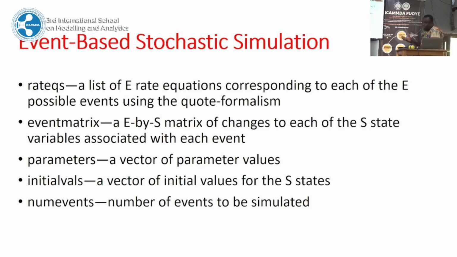The event matrix is an E by S matrix of changes to each of the S state variables associated with each event. Then we have the parameters, a vector of parameter values. Then the initial values, a vector of initial values for the S states. Then we have the number of events to be simulated.